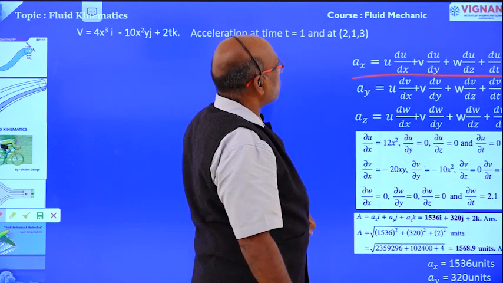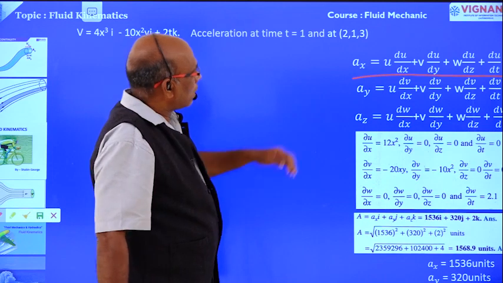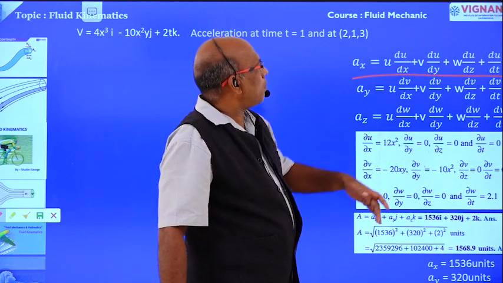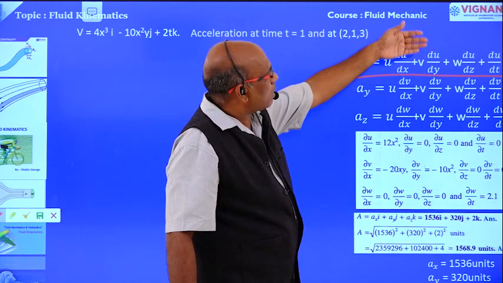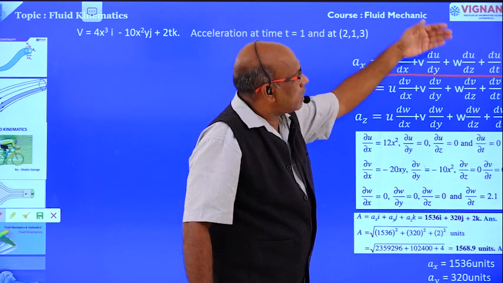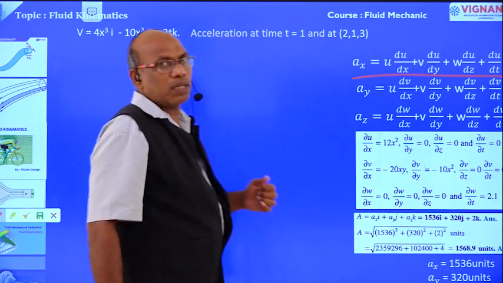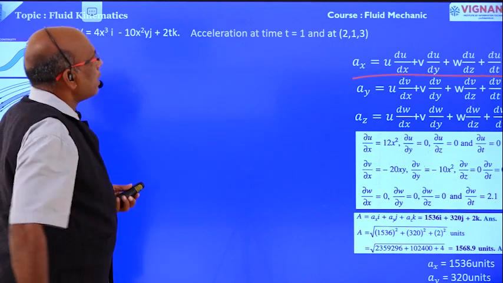For that we are going to determine first what is u, what is v, what is w, then what is du by dx, what is du by dy, what is du by dz, and what is du by dt. Those terms we are going to determine here.